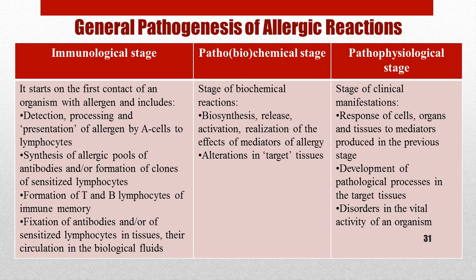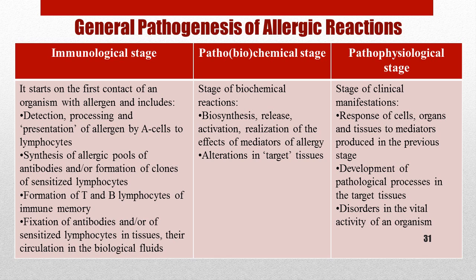General pathogenesis of allergic reactions includes three stages: immunological stage, pathochemical stage, and pathophysiological stage. Immunological stage starts on the first contact of an organism with allergen and includes the following processes. First, detection, processing, and presentation of allergen by A cells to lymphocytes.